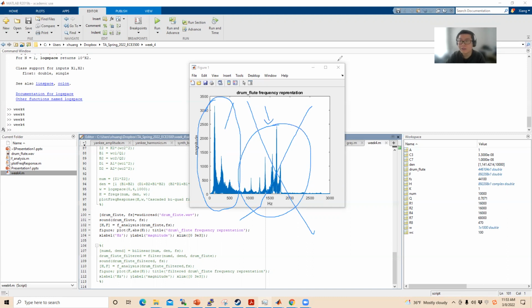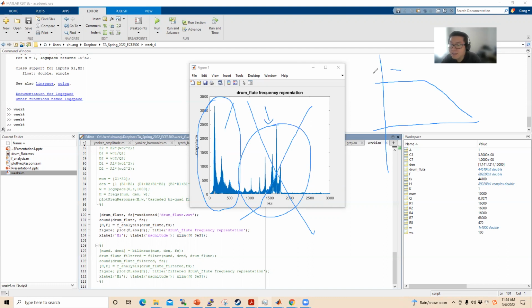Okay, so what do you need to do? If you remember, we have defined the two biquad system, and the magnitude response looks like this.